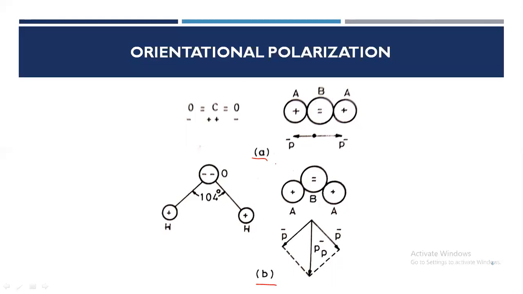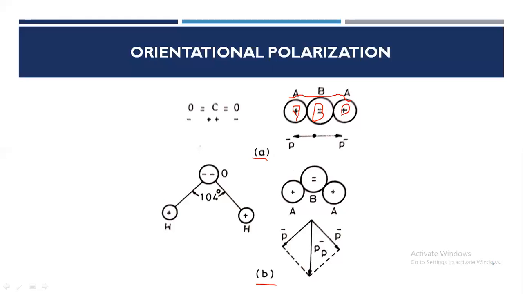The molecules are of the form ABA. Atom B is negatively charged, whereas atoms A are both positively charged, here and here also.